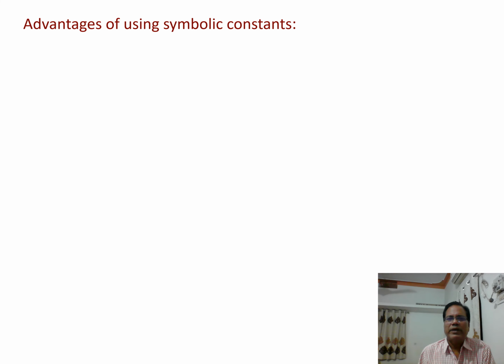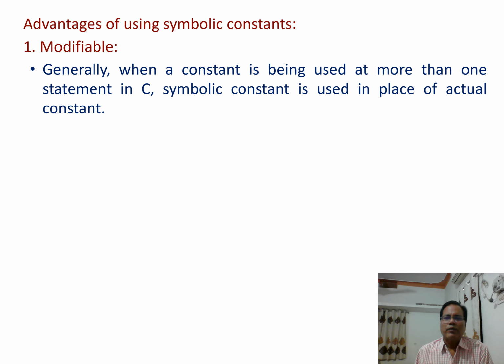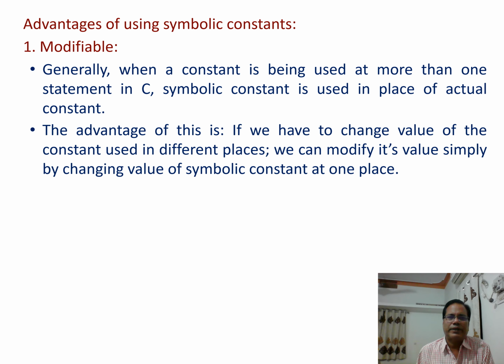So what are the advantages and disadvantages of using symbolic constants? The first advantage is modifiability. When we use a symbolic constant in the program, we can easily modify it if there is any error, or easily change the value of the constant. Generally, when a constant is used in more than one statement in C, a symbolic constant is used in place of the actual constant.